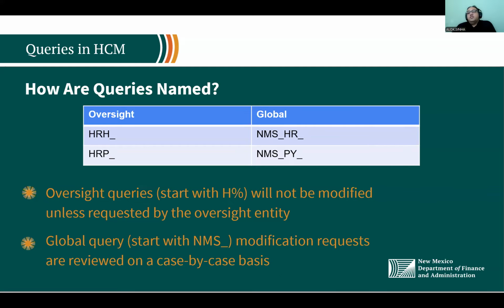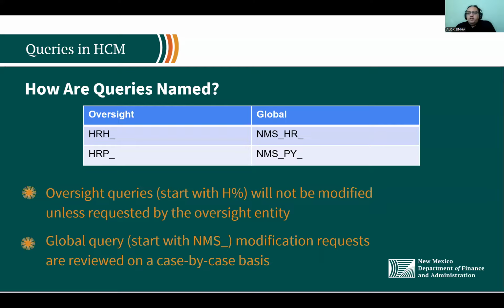Lastly, when it comes to modifying queries, we often get requests to add or delete fields in queries. When it comes to an oversight query, those that begin with the letter H, we will not modify those queries. Any request to update that query must come from the proper channel in the proper oversight agency.